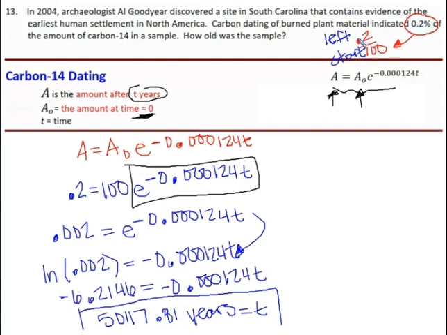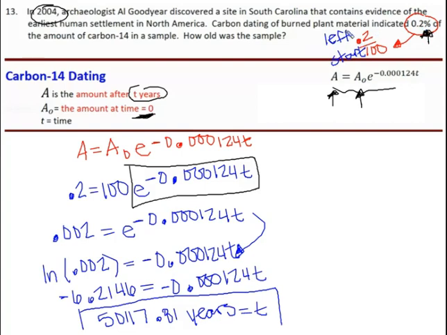If this 0.2 is what was left in 2004, that means the 100 is how much carbon this piece started with. So it's left with 0.2, which means it originally started with 100, because they're giving us this information in percentage form.